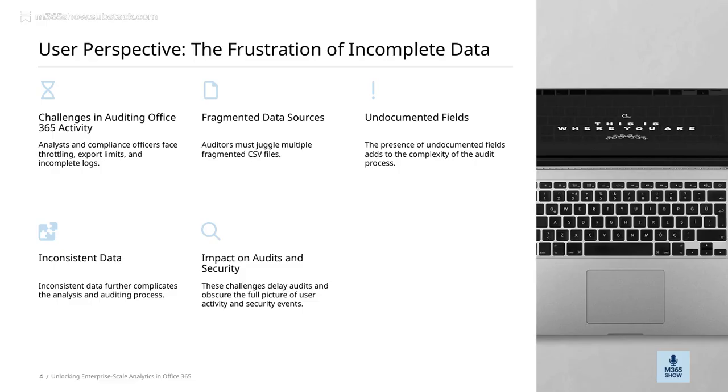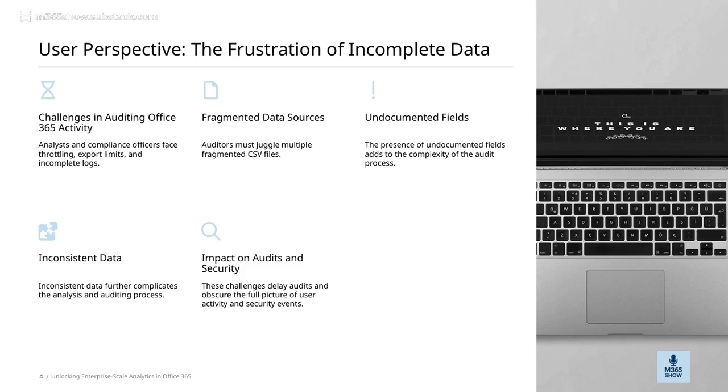It complicates analysis and auditing because you're constantly trying to piece together information that doesn't always match or line up properly. And then there are undocumented fields, additional data points that aren't clearly defined or tracked, making the audit process even more complex. On top of that, auditors often have to manage multiple fragmented CSV files.